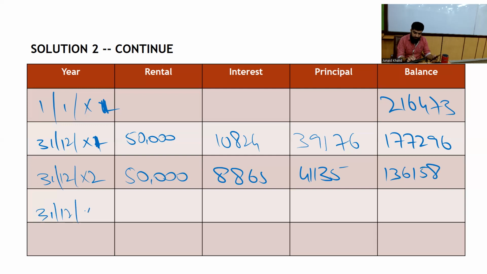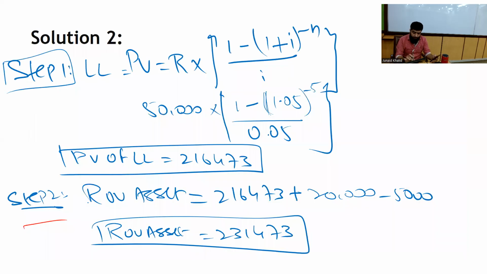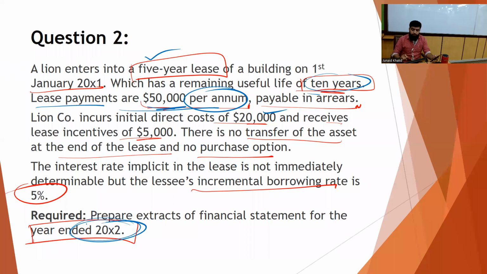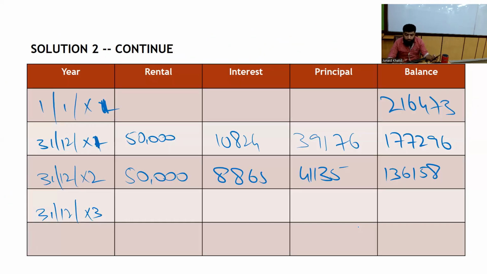At 31st December 2003. So if the requirement is to prepare the extracts of 2002, why are we moving towards 2003? Just because we need to identify the current liabilities. This can be known through the next row. So 50,000 is the lease rental. Again, 136,158 was the remaining liability, on which the interest rate is applied, that is 6,807 or 6,808 interest. 50,000 out of 50,000.